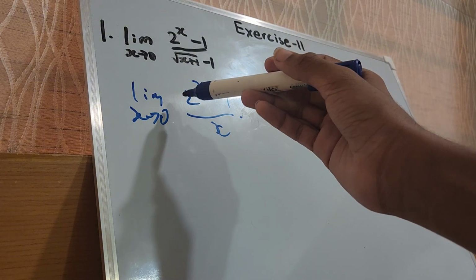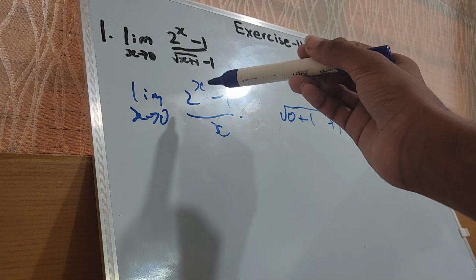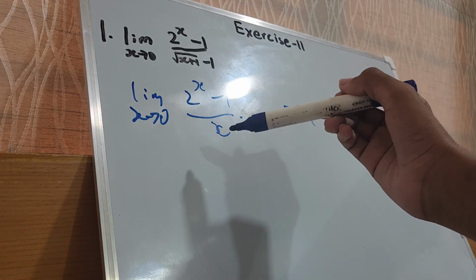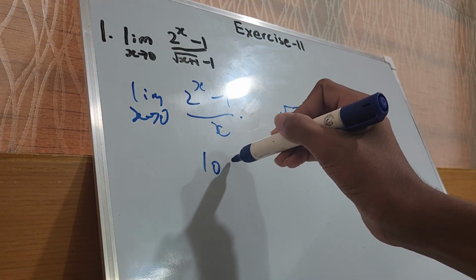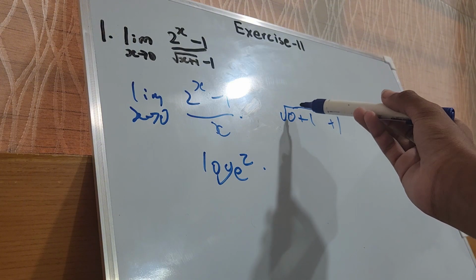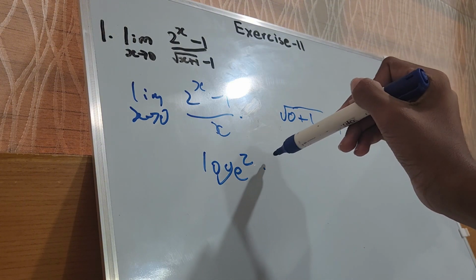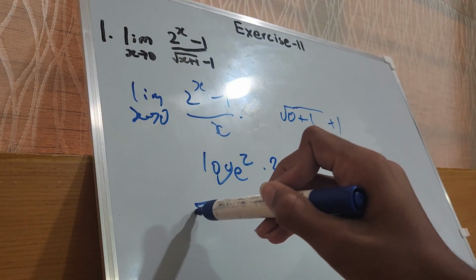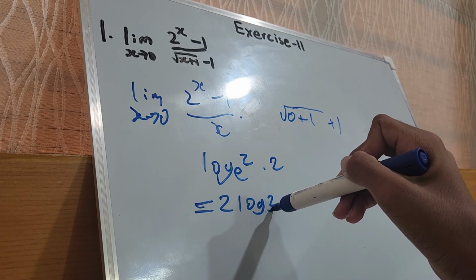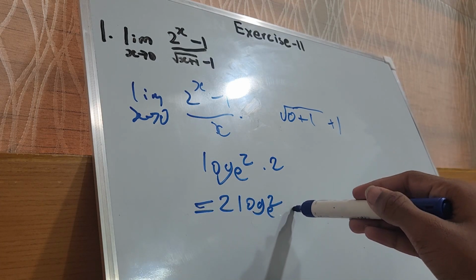This is limit x tends to 0, a to the power x minus 1 by x, which is log a, here a is 2, so log 2 to the base e, into root 1 plus 1, which is 2, which is equal to 2 log 2 to the base e. So that's the answer for the first question.